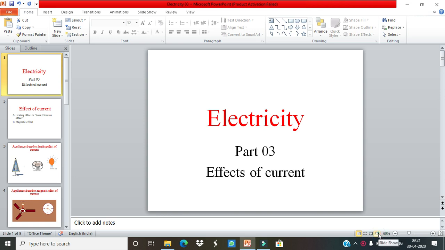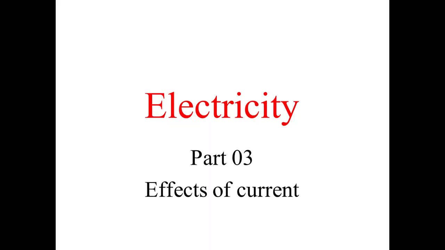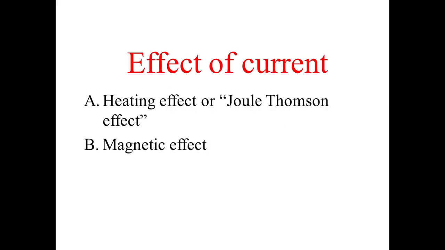You can easily understand it as whenever a current is passed through a metallic wire, it may produce heating or magnetic effect, and these effects can be made a basis for the working of many appliances in our home.